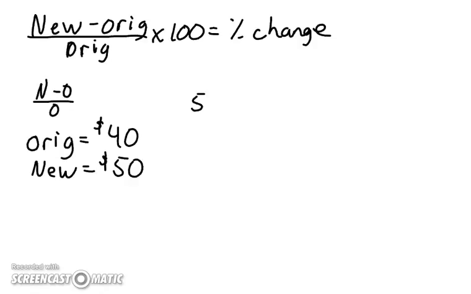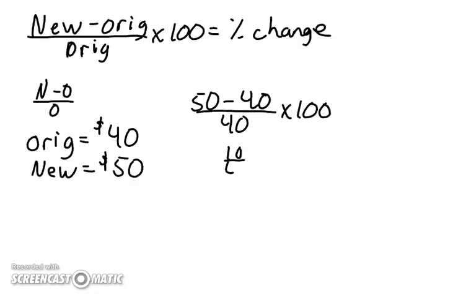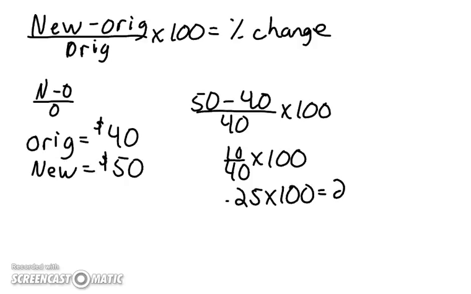So the new is 50 minus the original is 40, divided by the original is 40, and then times 100. This is 10 over 40 times 100, which is 0.25 times 100, which is 25%. And that is how you would do a percent change problem.